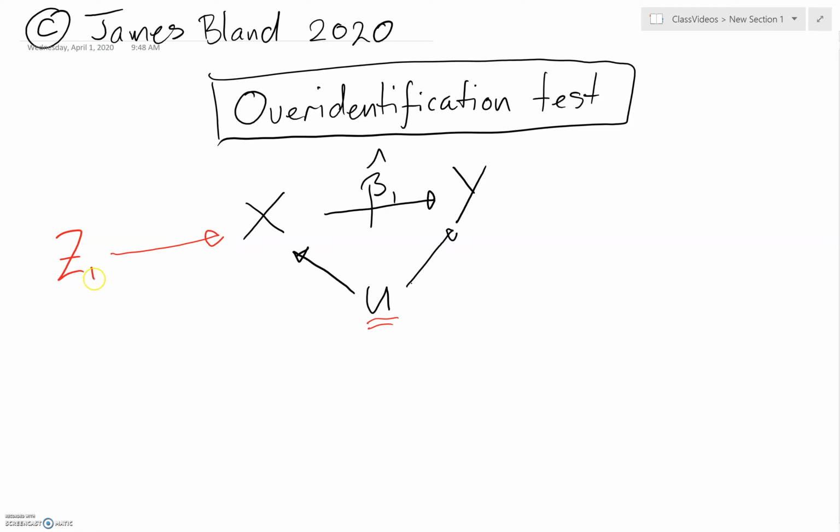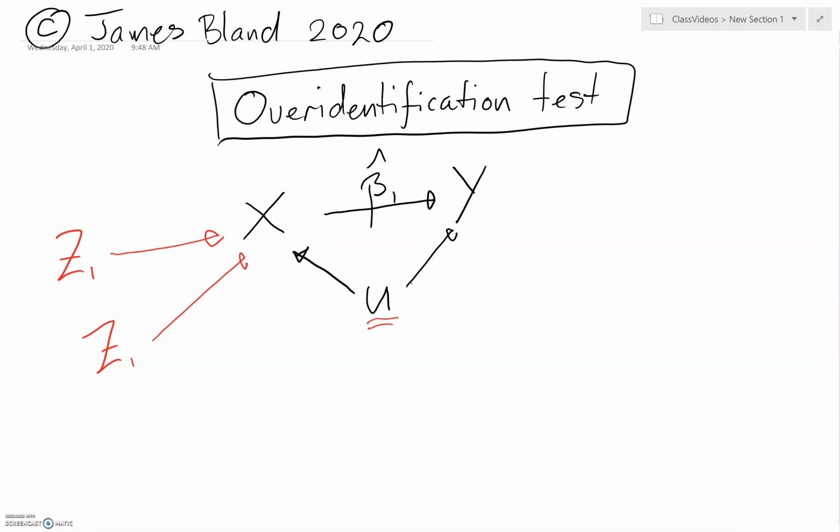So this might be our Z1, and we have a second instrument over here. And so if we can come up with a good story for why the exclusion condition holds for both of these, then we can include both of these in the first stage of our regression.